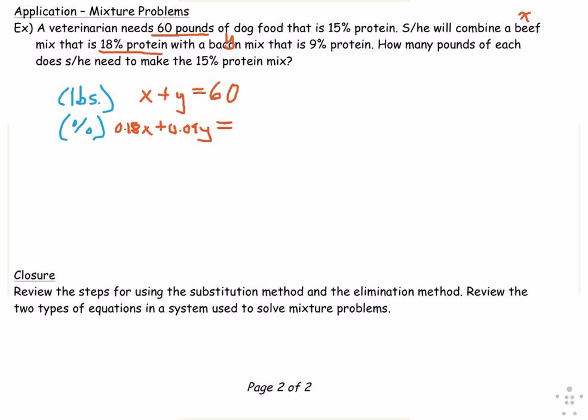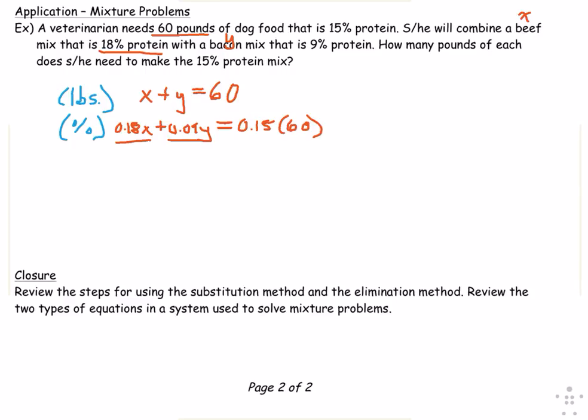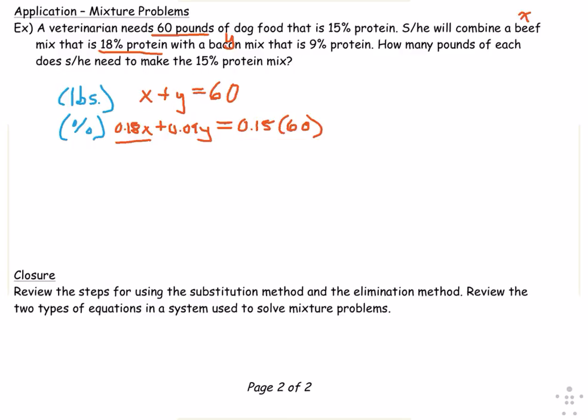The next part is really important. The whole mix of 60 pounds is only to be 15% protein. So you will notice I will also multiply that 60 by a percentage. So product of a percentage of protein with pounds. Okay, so that's the theme for that equation.